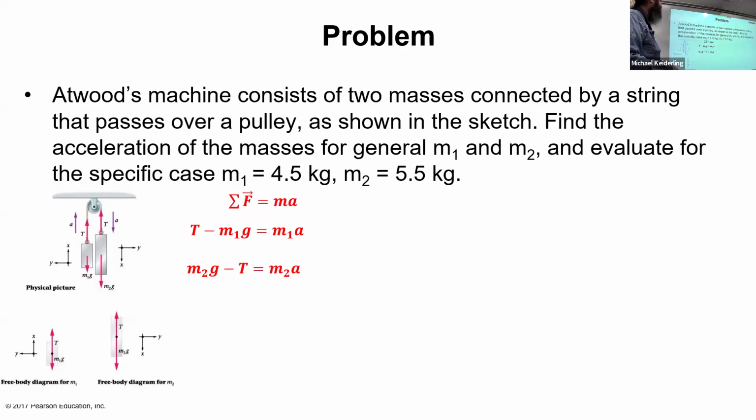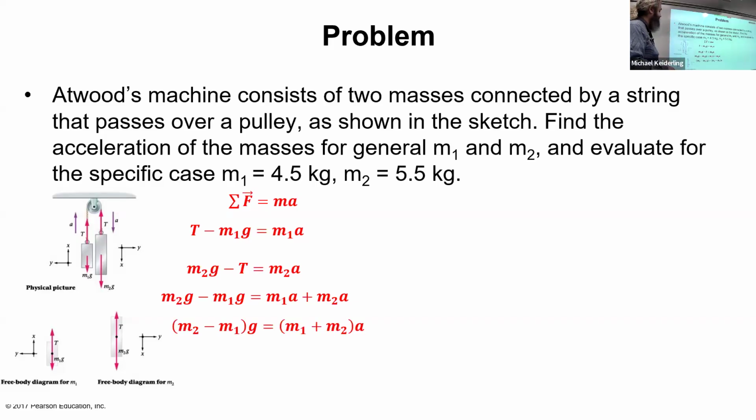If we add these equations together, we get M2G minus M1G equals M1A plus M2A, which is basically what you would get from treating it as a system.